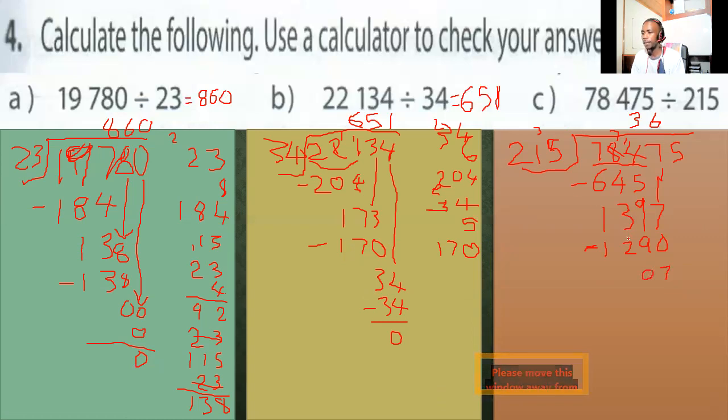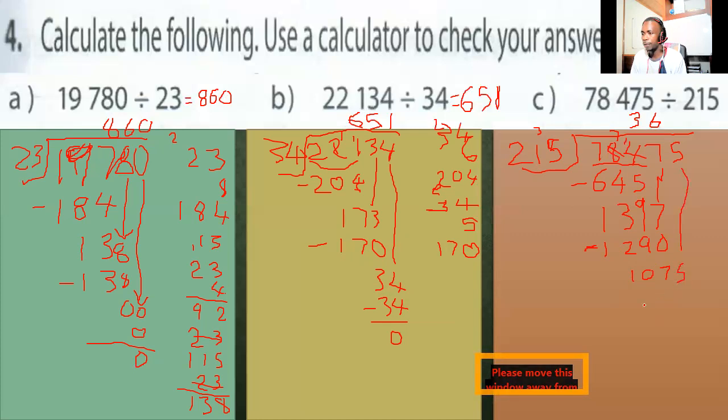Then here 13 minus 12, 1. I'm left with 107. Okay, now to divide 107 by 215, it can't, because 107 is smaller than 215. So in front of it, I bring down 5.